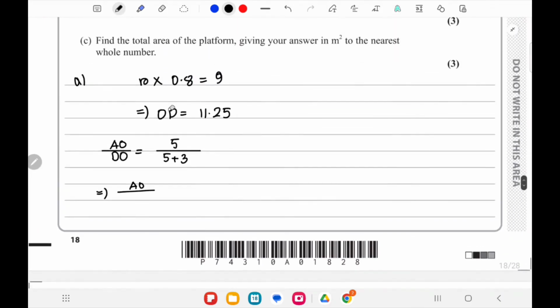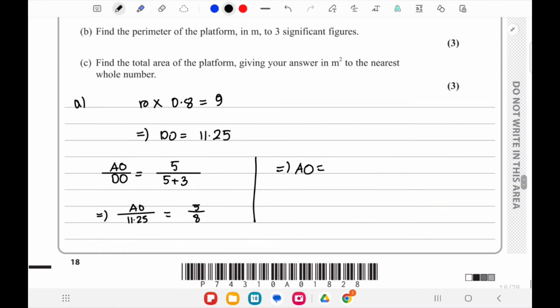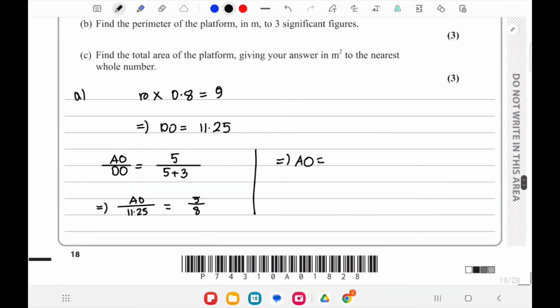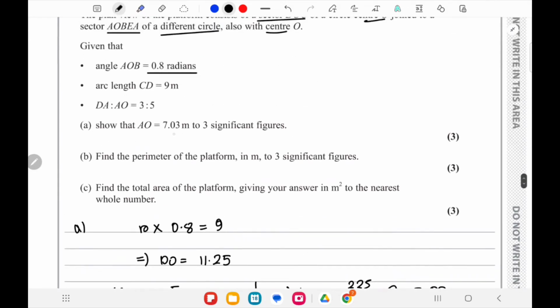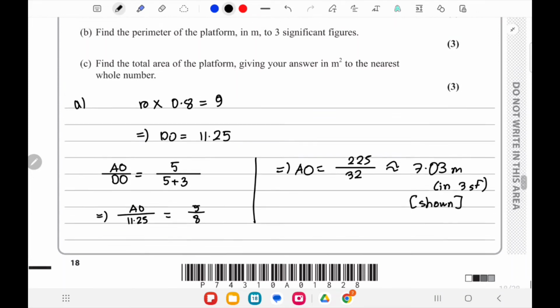So AO by 11.25 is 5 by 8. So AO is 5 by 8 into 11.25. So this would be 225 by 32, which rounds to 7.03 meters in 3SF. And we had to show this, so we have shown part A.